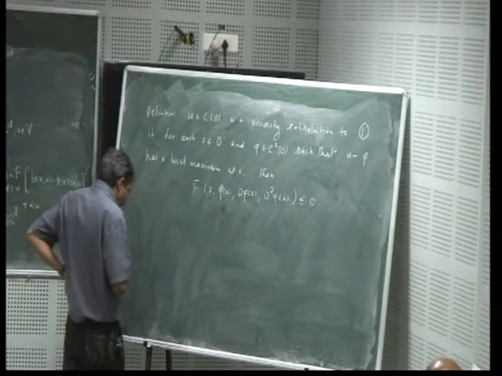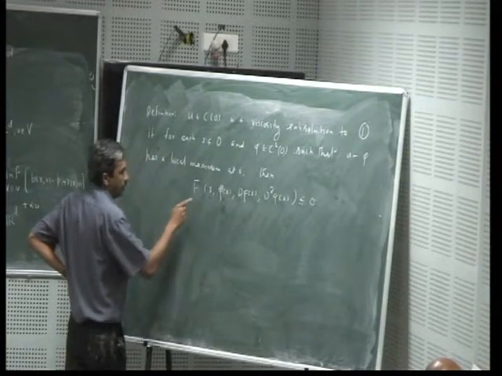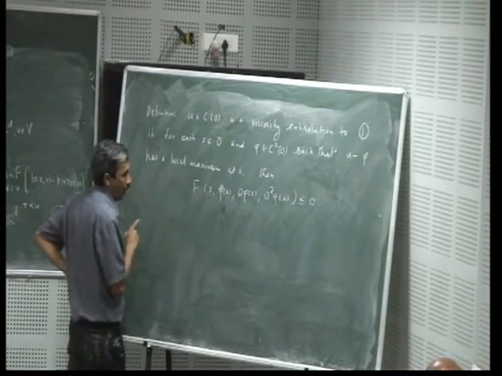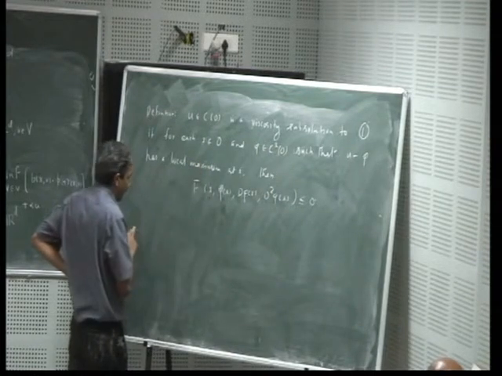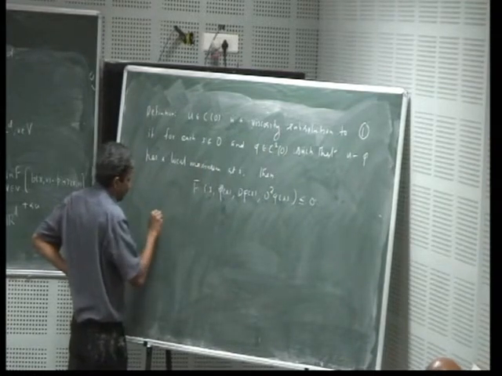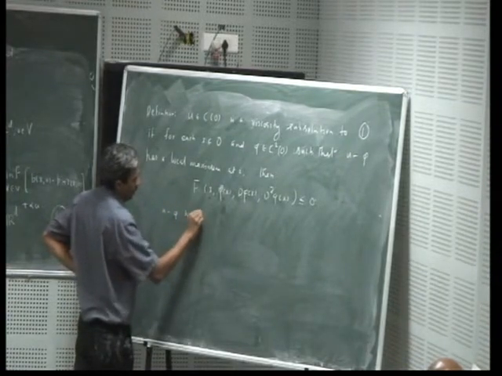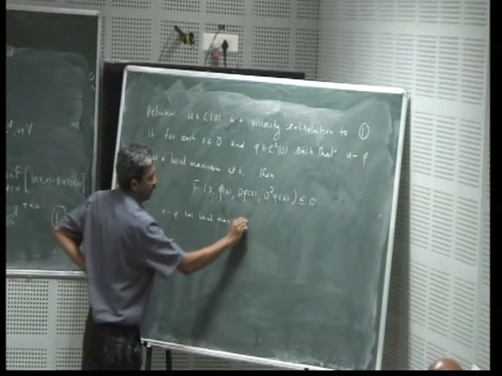So now what one can see is that there is an equivalent definition one can give, and the motivation behind that is this. You start with a subsolution, which means suppose u minus phi has a local maximum at x.